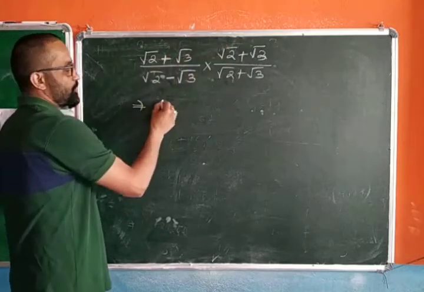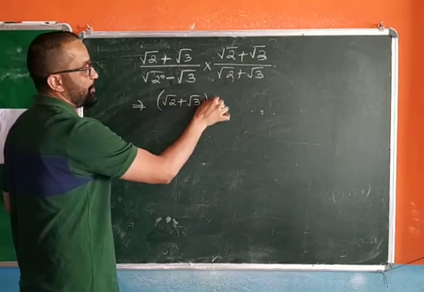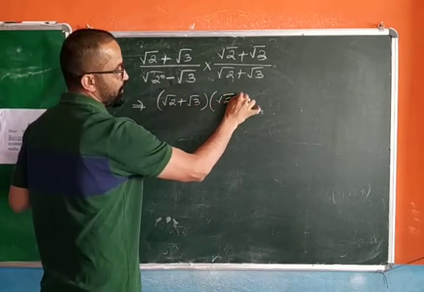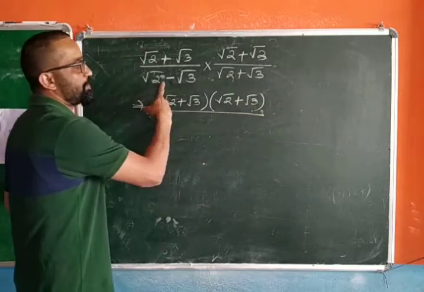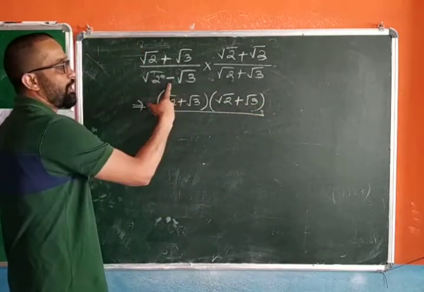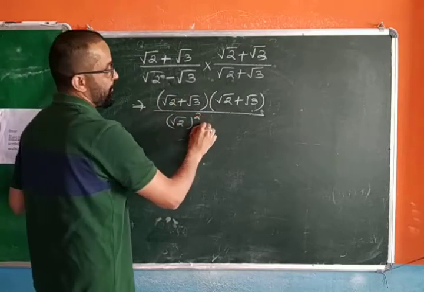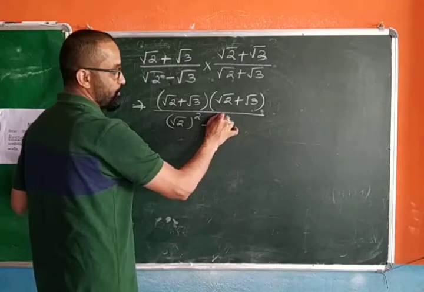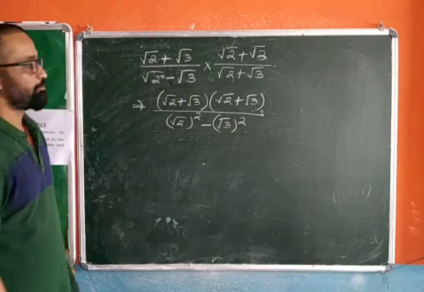In the numerator, we get root 2 plus root 3, keep it inside the bracket, root 2 plus root 3. Again inside the bracket. The a plus b, a minus b formula is applied at the denominator: root 2 whole square minus root 3 whole square. Now we proceed with algebraic multiplication.